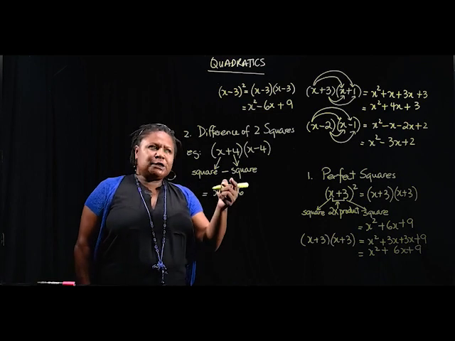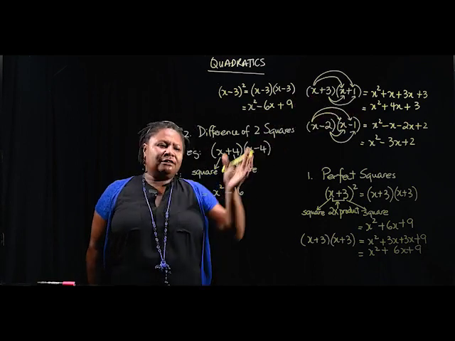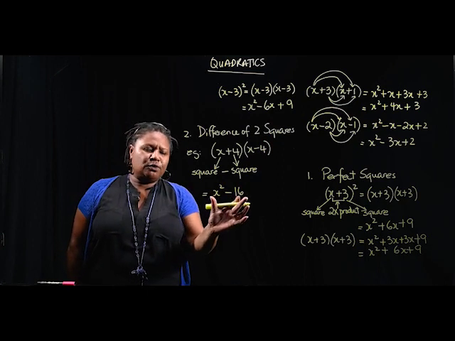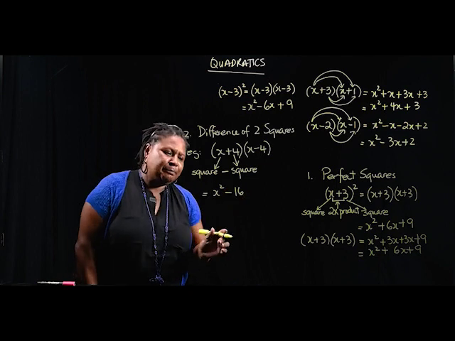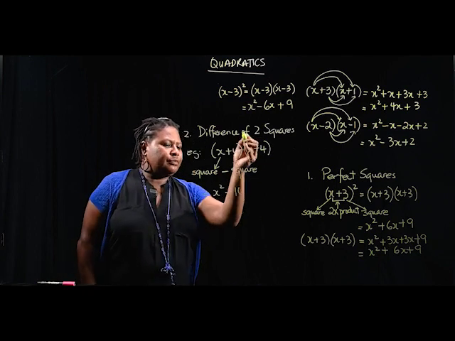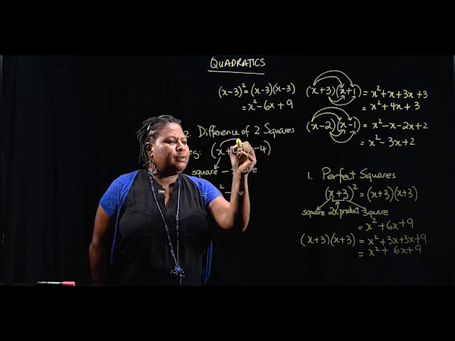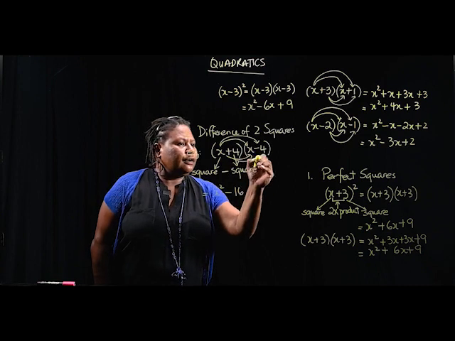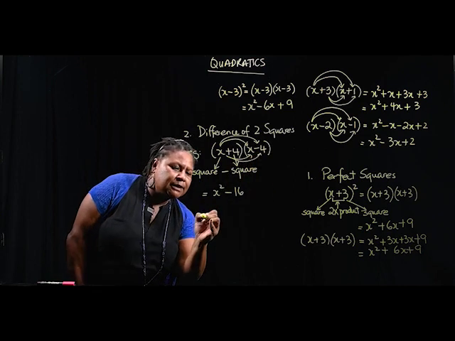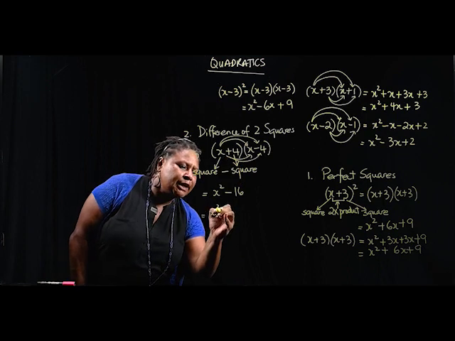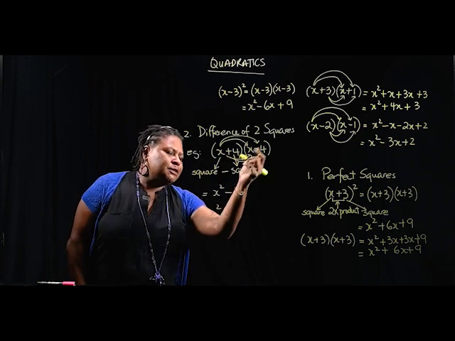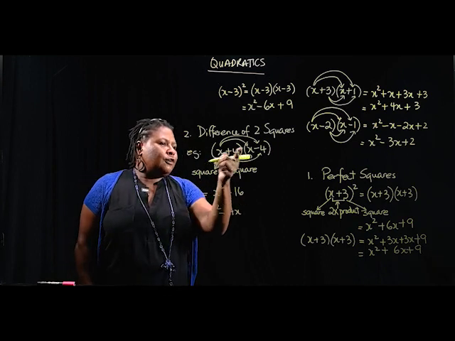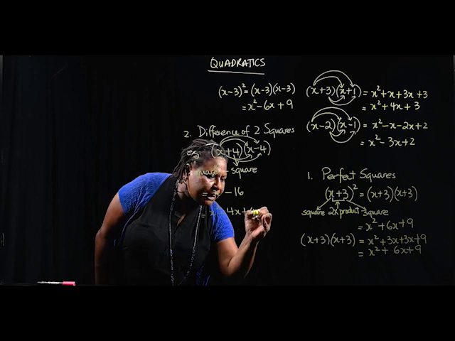Now, if we expand this using the method from before, you will find that the 2 middle terms cancel out. That's why we are left with only the first term and the second term. Let's try that out and see. x times x will give us x squared. x times negative 4 is negative 4x. 4 times x is positive 4x.